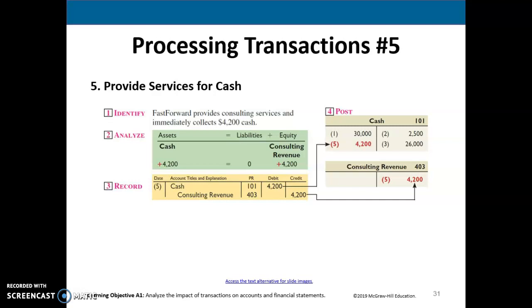If we look at the journal entry, we're going to increase the cash account with a debit. We're going to increase revenue, the consulting revenue, with a credit. Then we're going to post them to the appropriate sides. You'll see that cash is starting to have several transactions. We'll be able to figure out the balance when we're done posting all the transactions into the cash account.